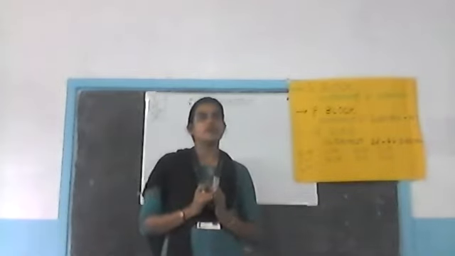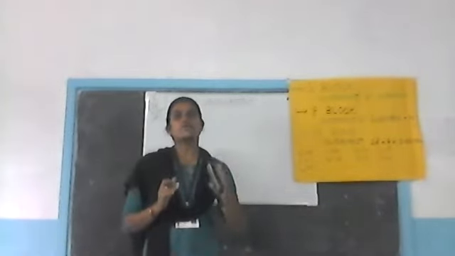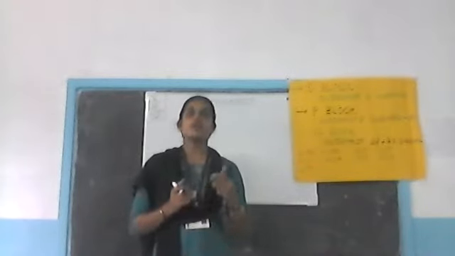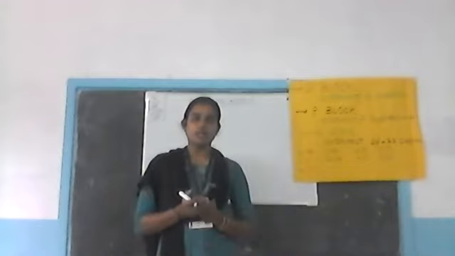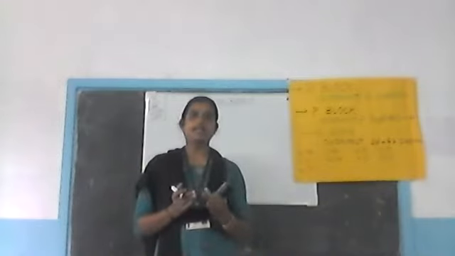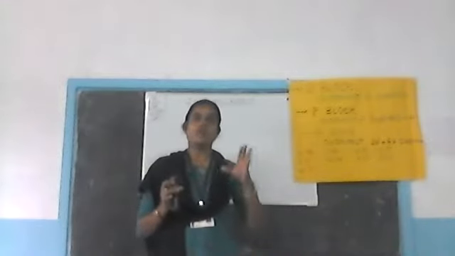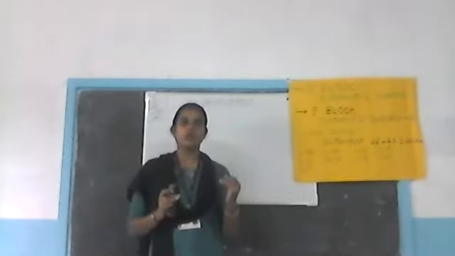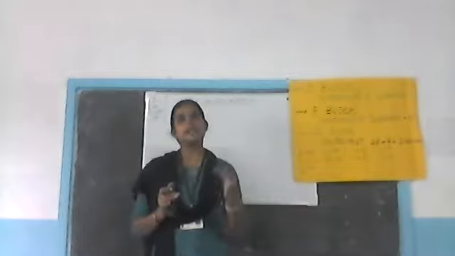So on the basis of this subshell electronic configuration, today we are going to find out block, period number and group number. So in today's class, we are going to study about block, period number and group number.